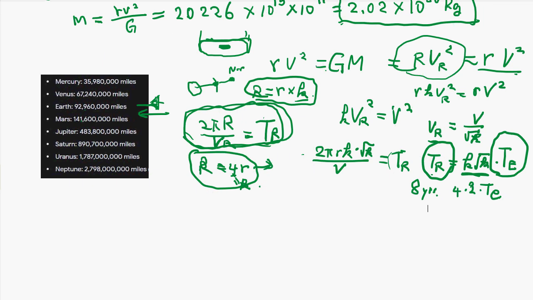If radius k is 1.5, this is Mars. So what we do is 1.5 times square root of 1.5, and T Earth is 1 year, Earth year. And if we calculate this, let me hit the calculator.